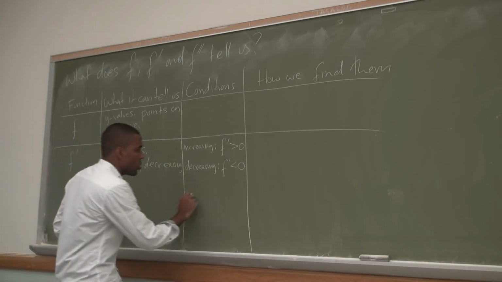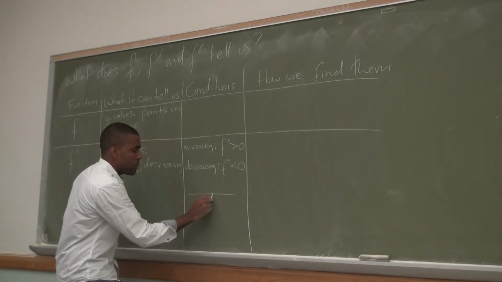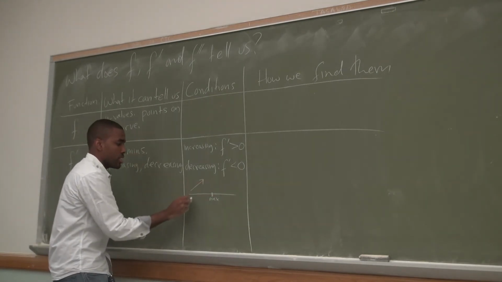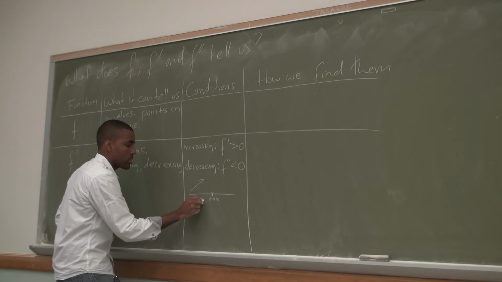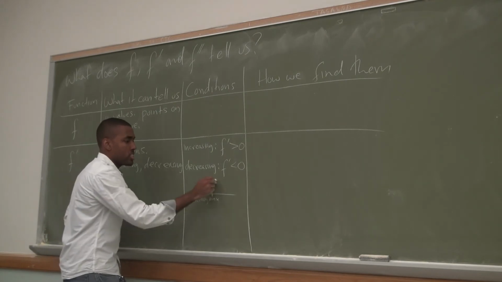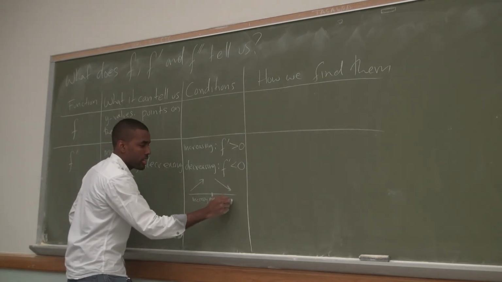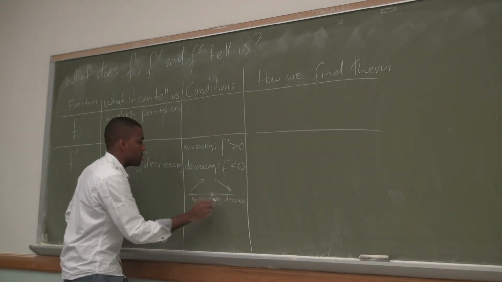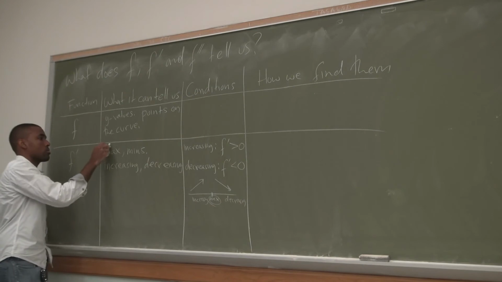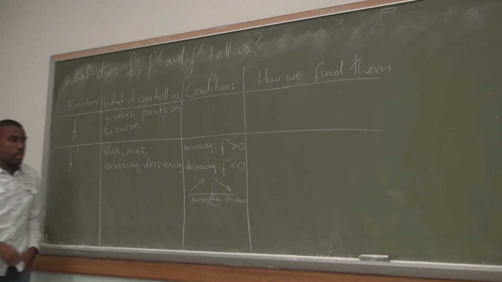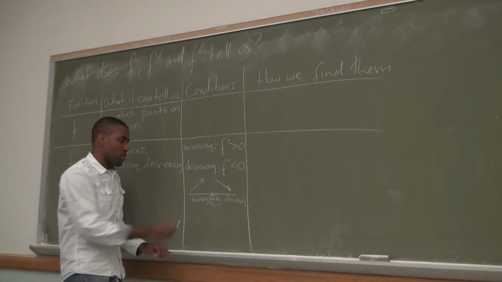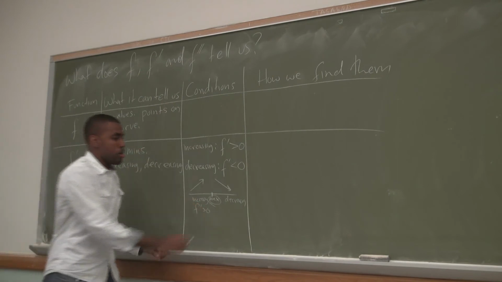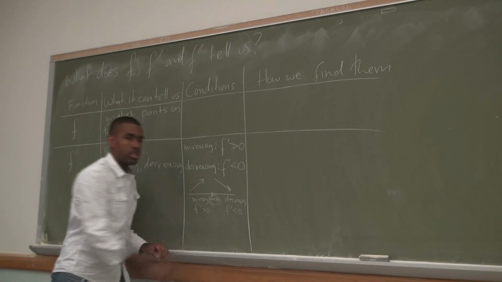We know that this point here is a maximum if you're increasing on the left and you're decreasing on the right. It's just for relative, right? Yes, these are relative. So how do you know something is a maximum? Well, the first derivative is positive on the left side of it, but it's negative on the right side of it.